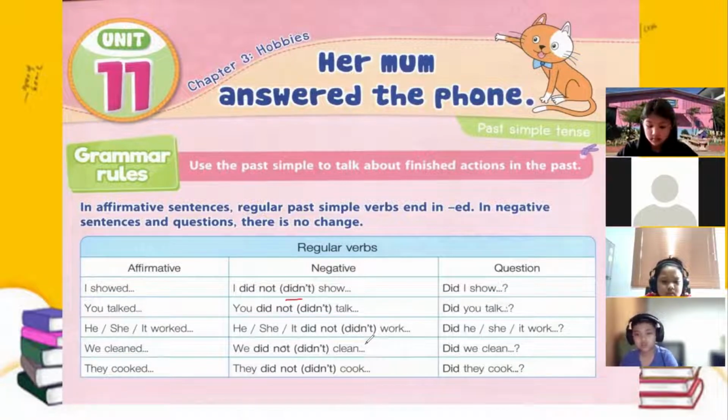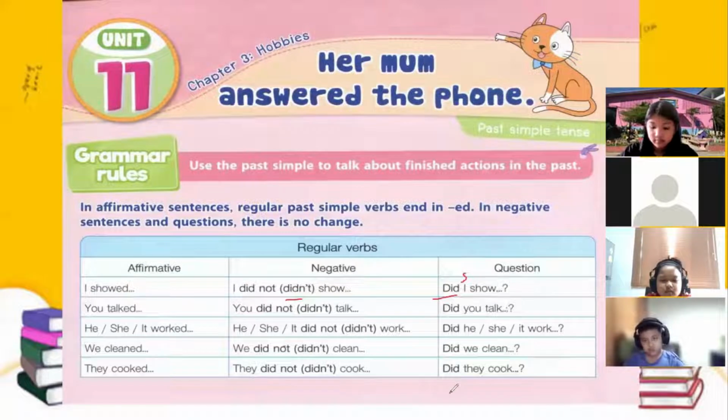We are not supposed to add ed. It will be unchanged. Then when it comes to question sentences, what we have to do is, the helping verb will come before the subject in the beginning of the sentence. Did I show? Or did you talk? Did he work? Did we clean?